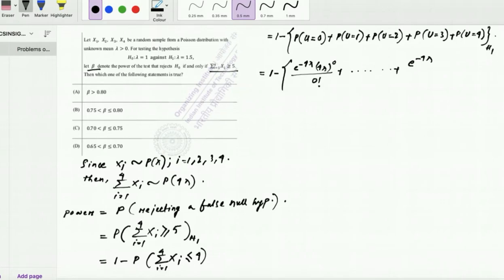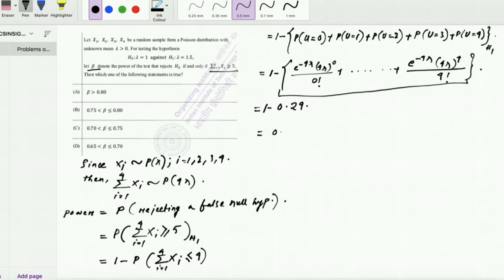So I am writing the last one for probability of U equal to 4. Compute all of this, you will get 0.29, and after subtracting this we will get 0.71. So the range is this. So option C is correct.